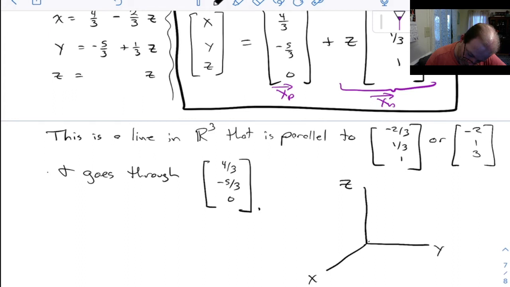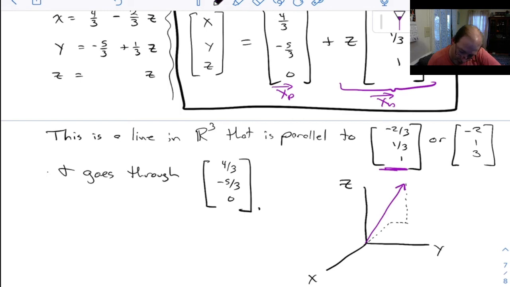So I'm going to go back negative 2, then 1 parallel to y, and then up 3 for z. So this vector here points off like that, and the other vector goes through this point. Now you can't scale this because this is a point that the thing actually goes through. If you try to scale that by some number, it's not going to be the same point.